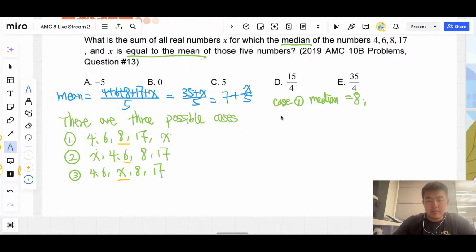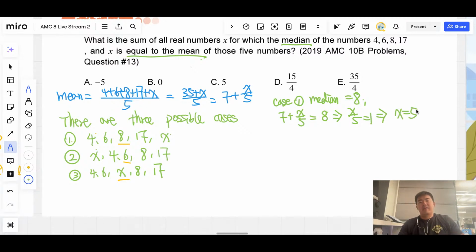So the mean is (7 plus x) over 5. I will write (7 plus x) over 5 on the left-hand side of the equality, then 8 on the right-hand side. Let me write it better. So this will give you x over 5 equals 1, which is equivalent to saying that x equals 5.